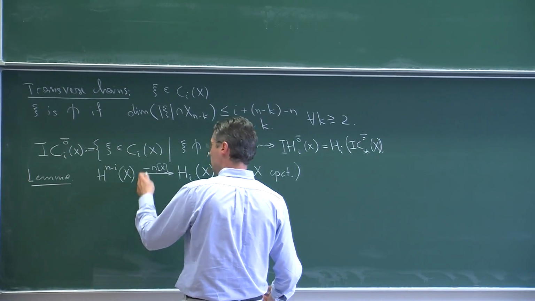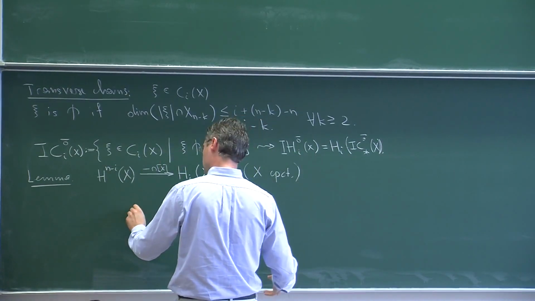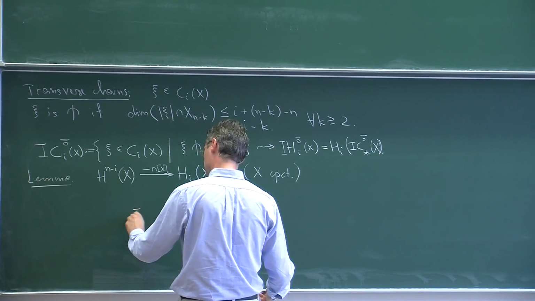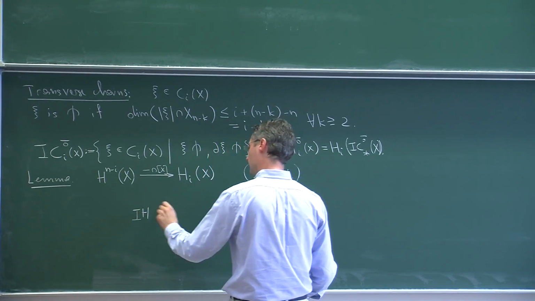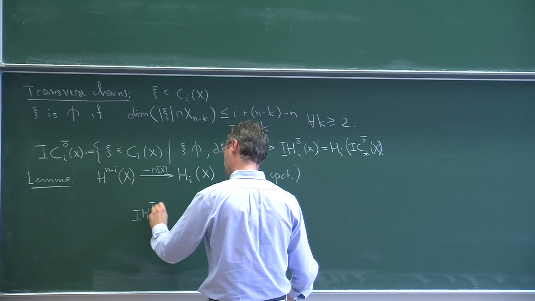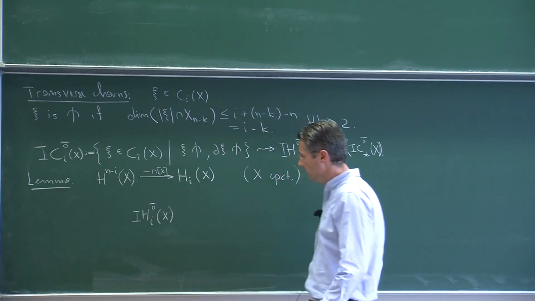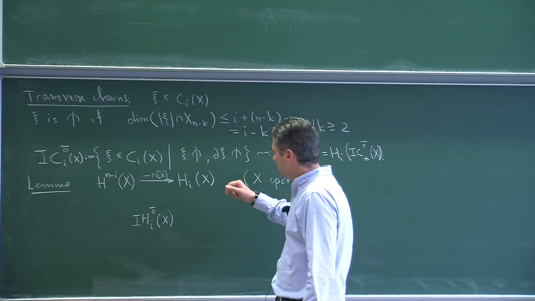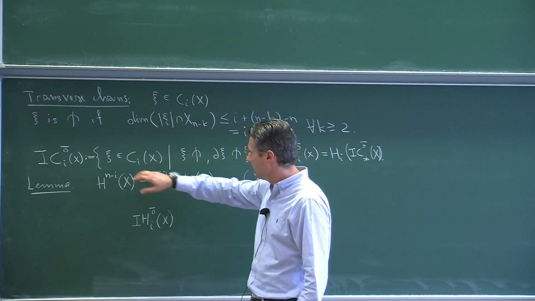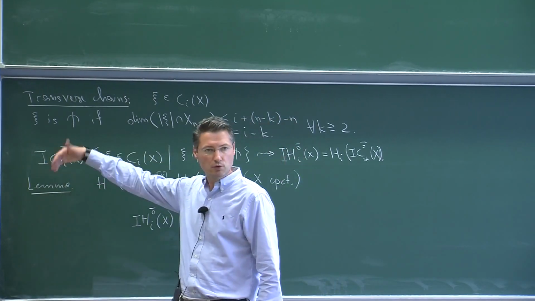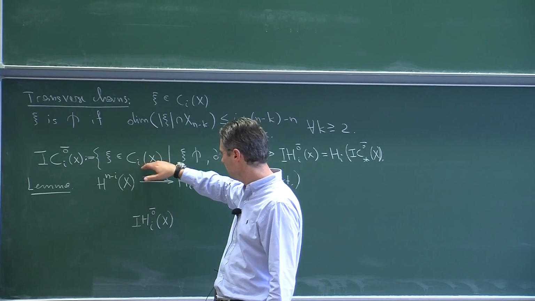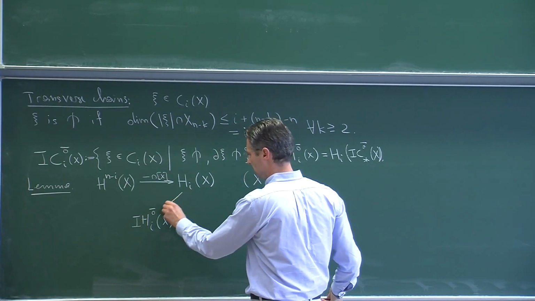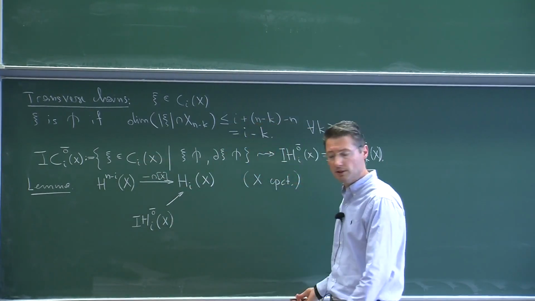So, and here we have this third set of groups, of transverse chains. Notice that there is a canonical inclusion map from this complex to all chains, of course. It's a subchain complex, and that inclusion induces, of course, a canonical map here.